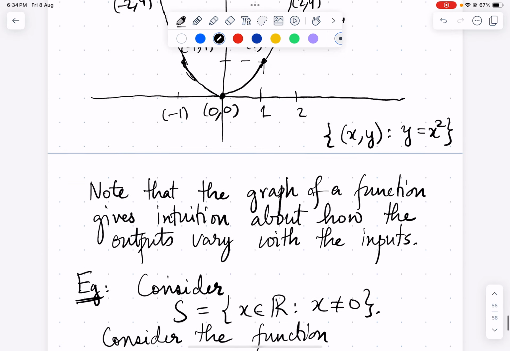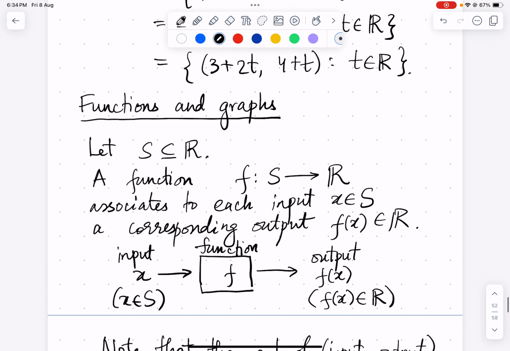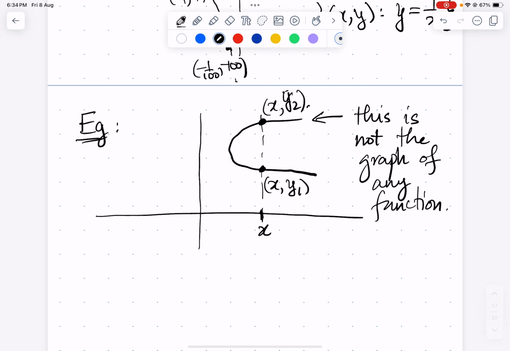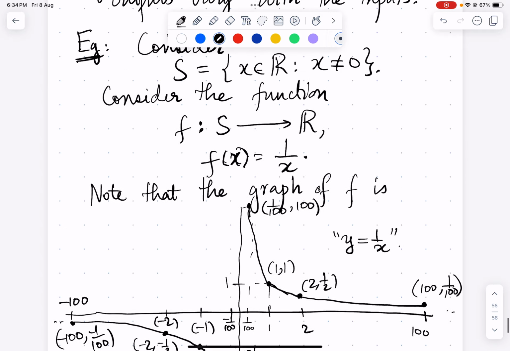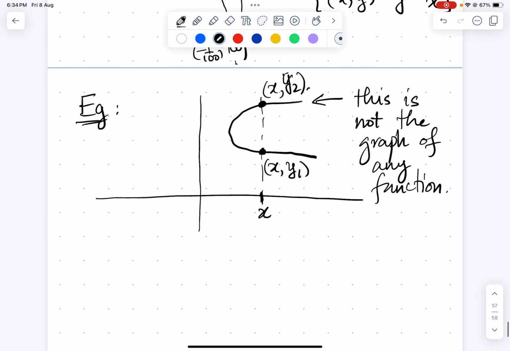So for an input x in S, you are supposed to have only one output f of x in R. So the graph of a function, for a given input x, should have only one point on the graph, which is x comma f of x. It can't have, for example, at input 1, both points 1 comma 1 and 1 comma 4.